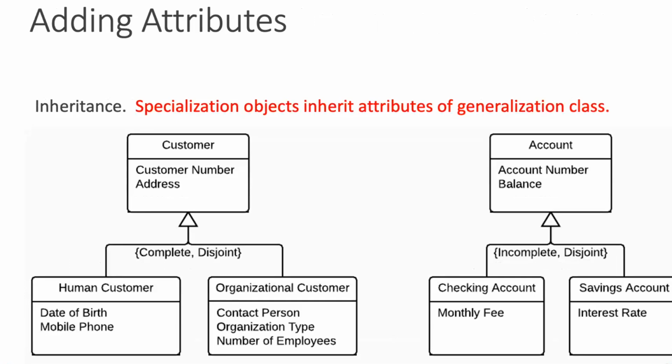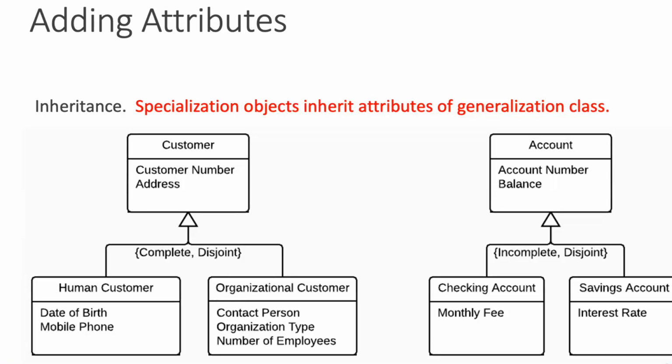And as we mentioned again, a specialization object inherits attributes of the generalization class. So in this case, the customer, the account, human customer, organizational customer as a subgroup over the checking account and saving accounts as the subgroup, as a specialization.